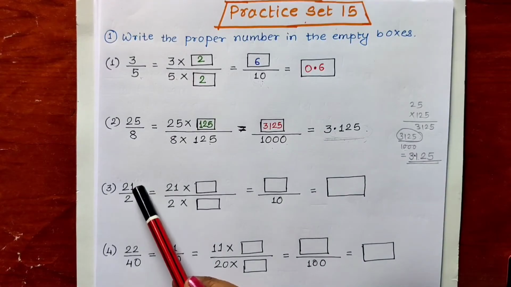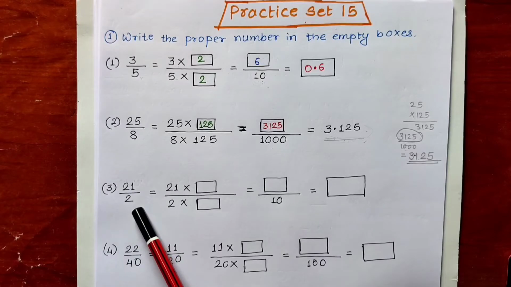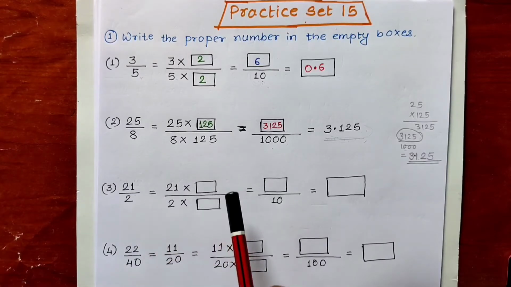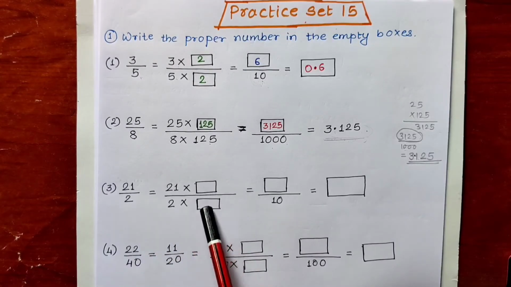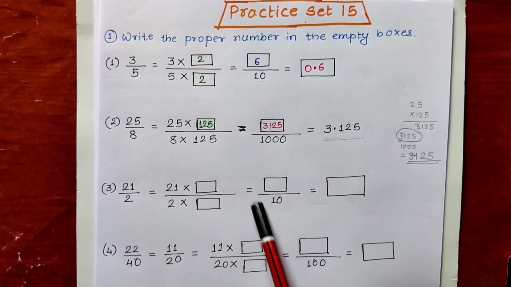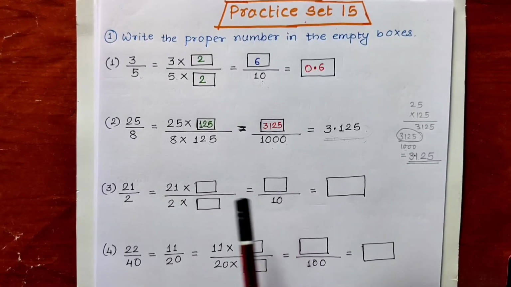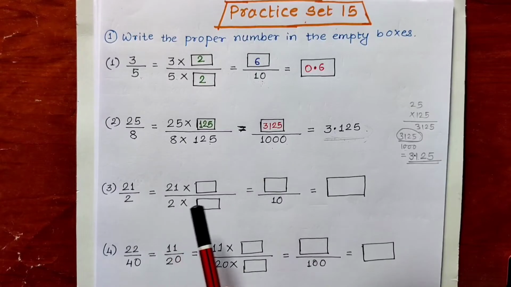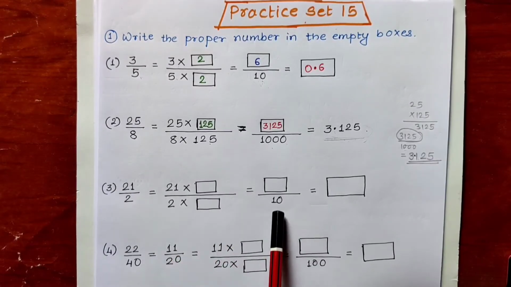Third one, the number is 21 upon 2, and in the second step we have to write the number by which we will have to multiply the numerator as well as the denominator. In the third step, the answer of the denominator is given, 10 is given. So here 2 is there. That means we have to find a number by which when we multiply 2, the answer is 10.